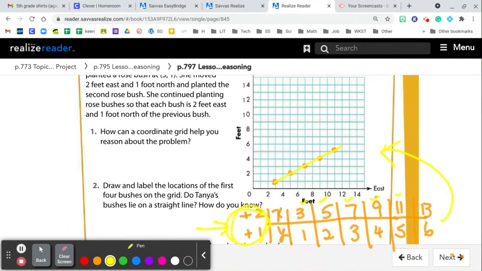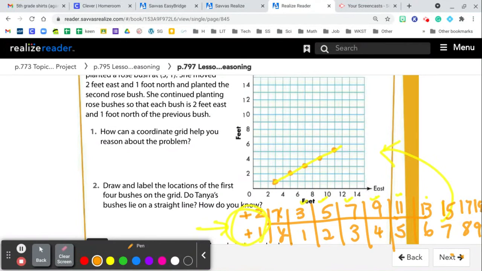1, 2, 3, 4, 5, 6, 7, 8, 9 would be 19, 9. And if you plot them out, you can see them.